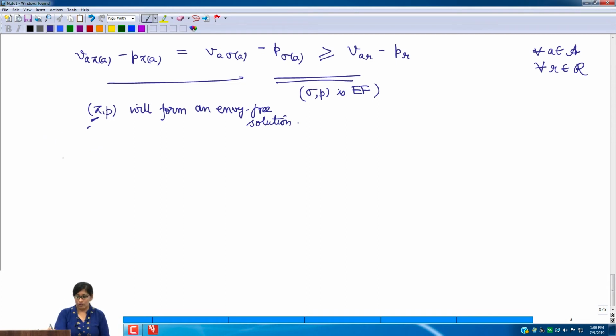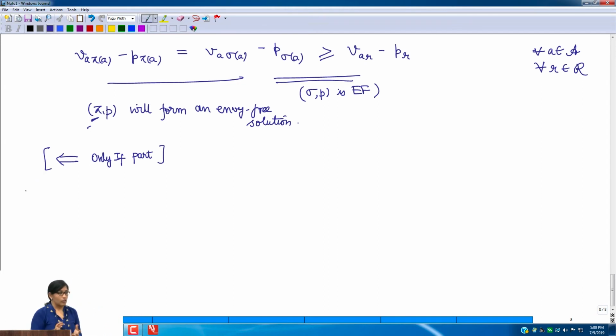Right. So what is left for completing the proof of the lemma? It is the other way around, which is the only if part. The only if part says that you start with an NV free solution, let's say sigma comma p, and then you need to show that sigma must again be a max weight perfect matching in the valuation graph GQ.